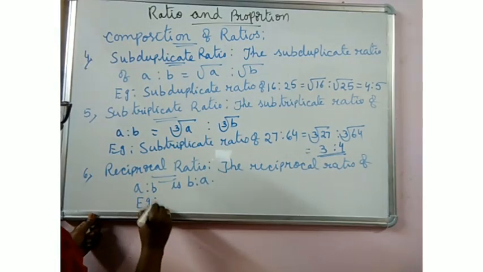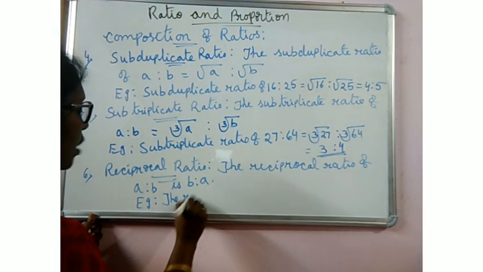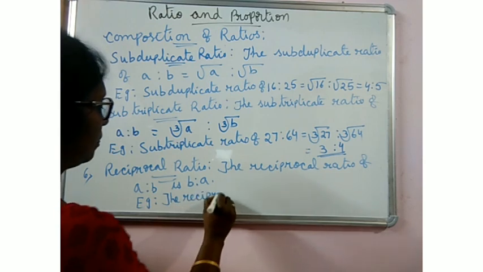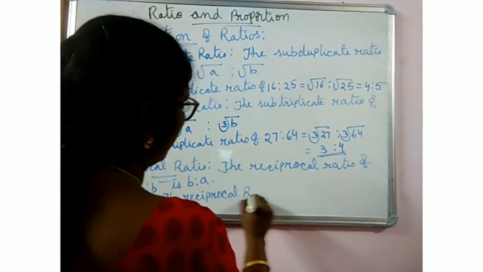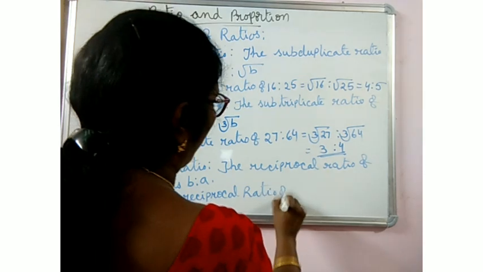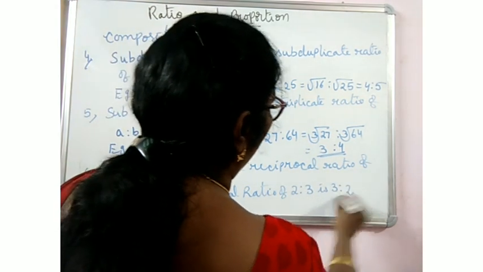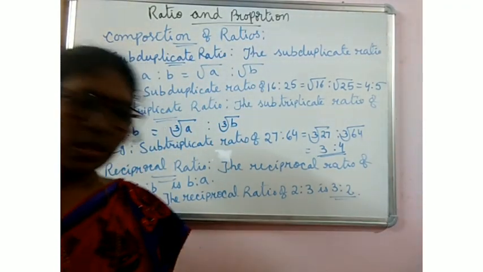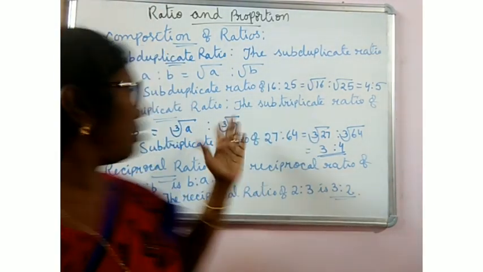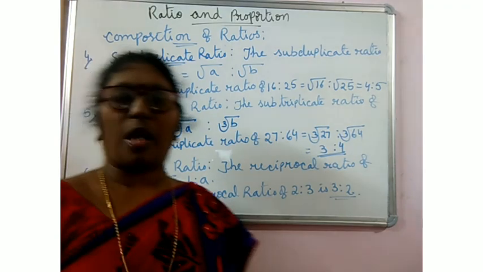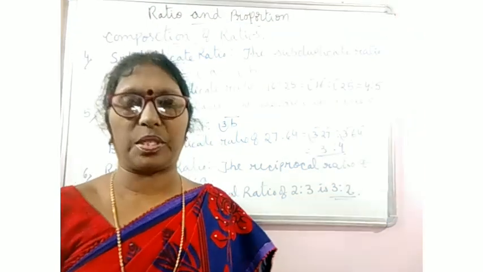Example, the reciprocal ratio of 2 is to 3 is 3 is to 2. Okay, these are the 6 different compositions of ratios.